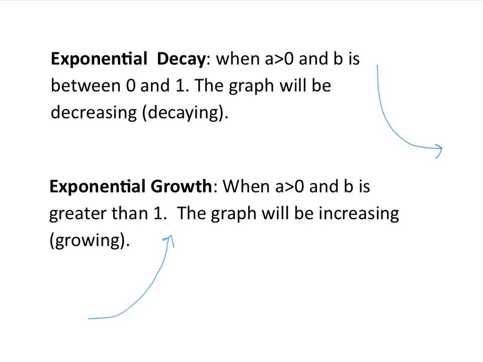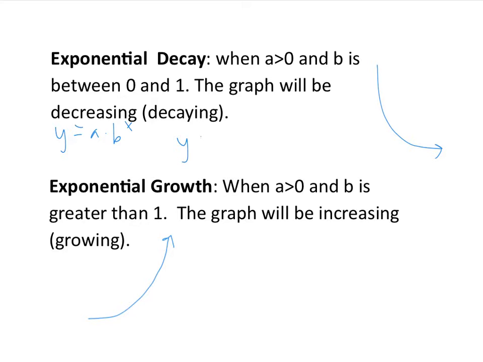Let's review exponential decay and exponential growth. So for exponential decay, as you can see in that blue graph on the right, that graph is decreasing, or what we know as decaying. This happens when, in your equation, a is greater than 0, and b is between 0 and 1. So if I have y equals a times b to the x for an exponential, this means that a would be greater than 0, so positive.